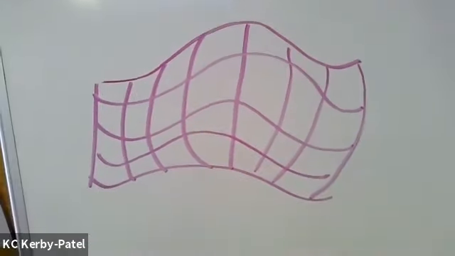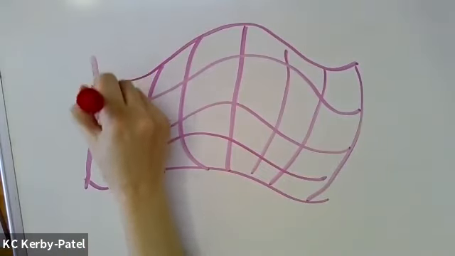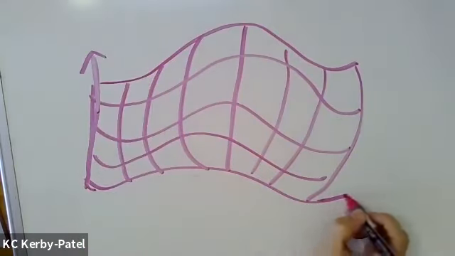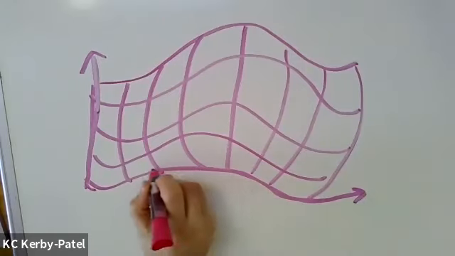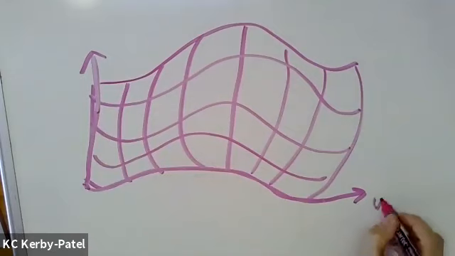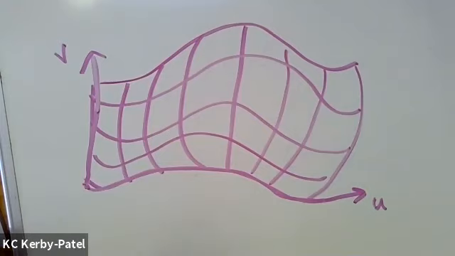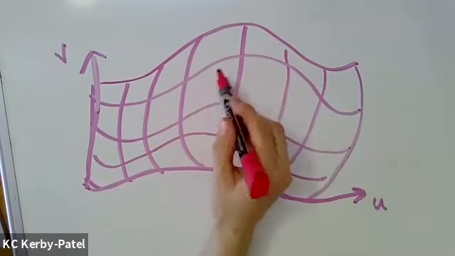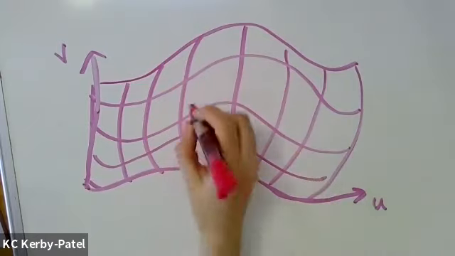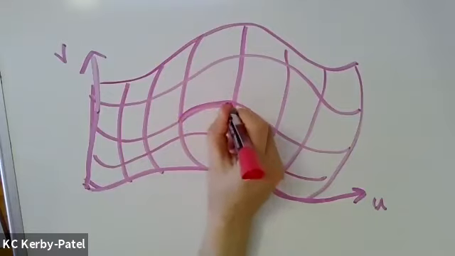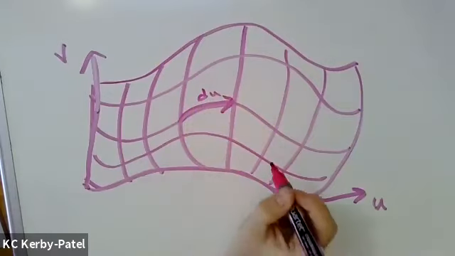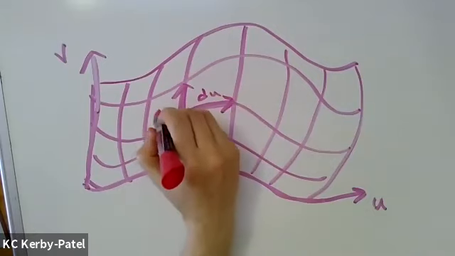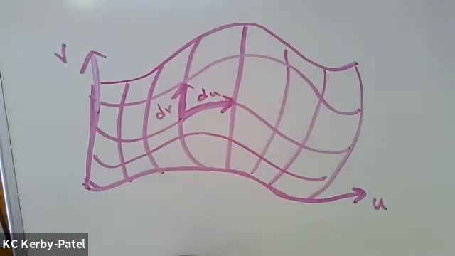But I have 2 variables that describe this surface, and to make this really general, I'm going to call them U and V. When I'm finding that differential surface area, I need to come up with the general expression for the area of one of these squares. If I move one differential length along U, du, and another differential length along V, dV, how long is that length?